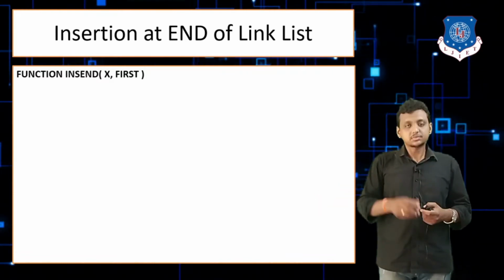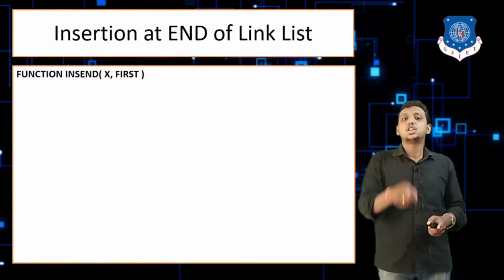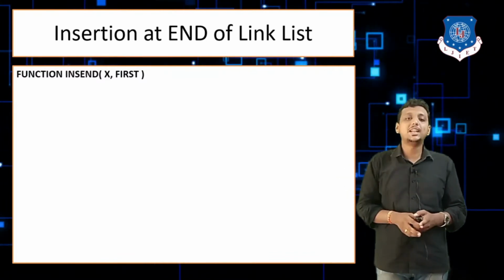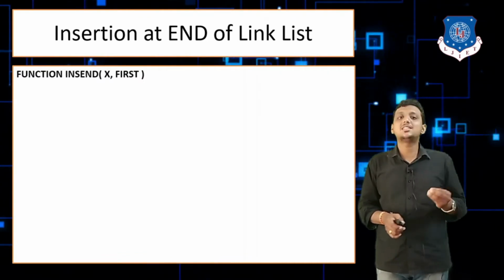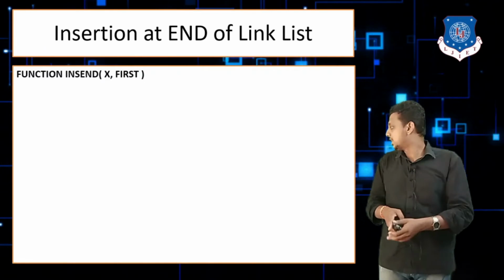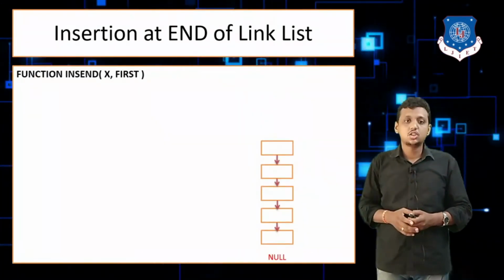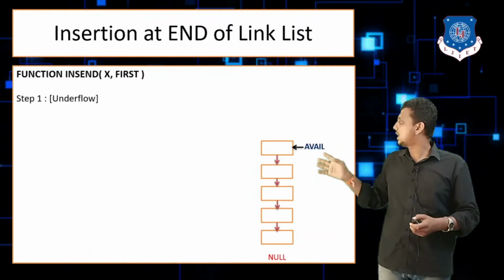How to get it? We are going to take it from the availability stack, and for that we must check the underflow condition for the availability stack. That's why the very first step is common in the insertion algorithms of the linked list: to check whether the availability stack is underflow or not. Here is my availability stack, and I'm going to check the underflow condition.